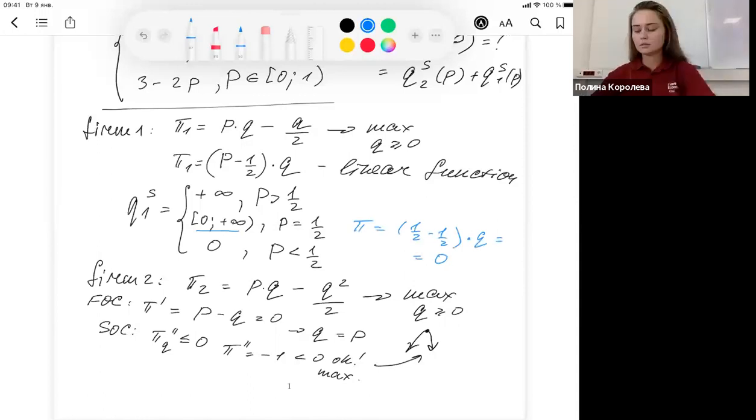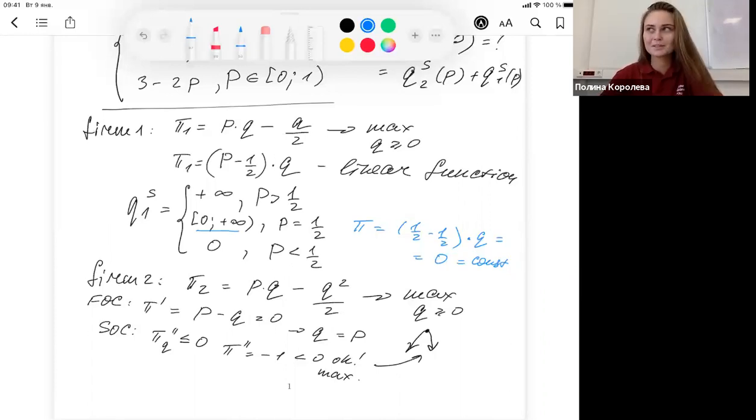Okay, one more time. If price is equal to 1/2, profit will be 0. It is constant. So how much will we produce if our profit is always constant? We do not care how much we produce. We can produce one unit, profit will be 0. We can produce 50 units, profit will be 0.